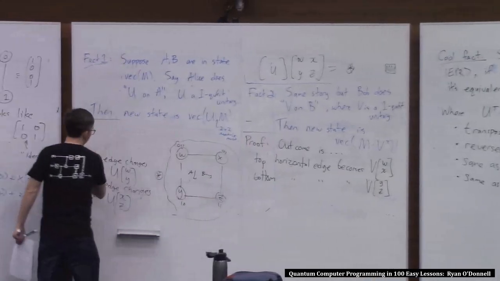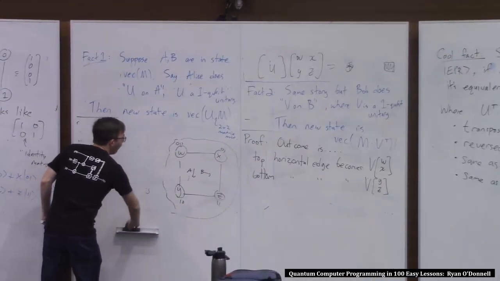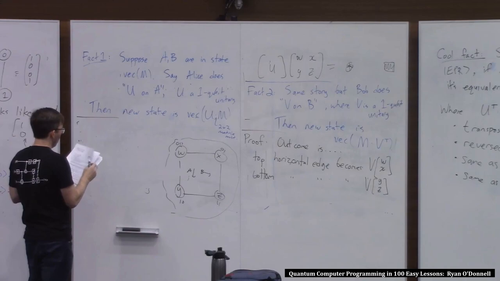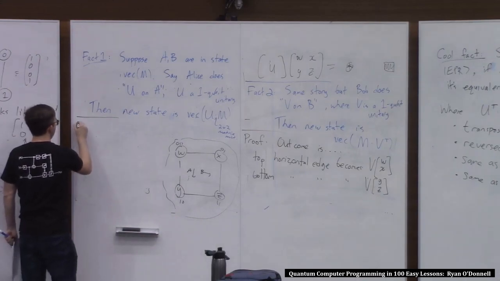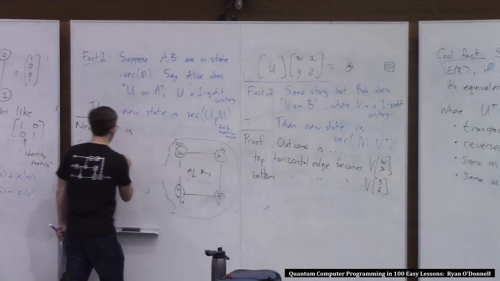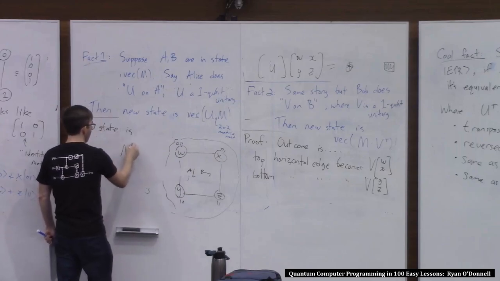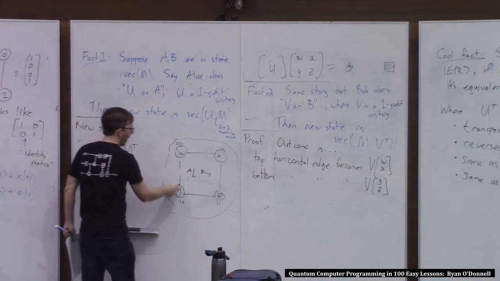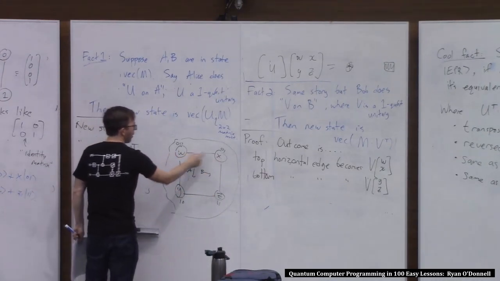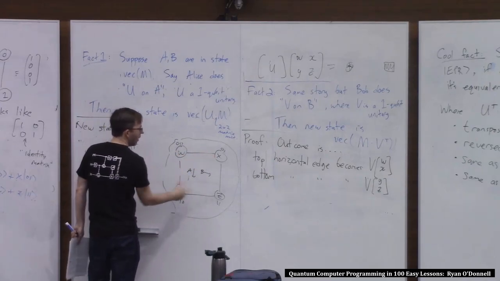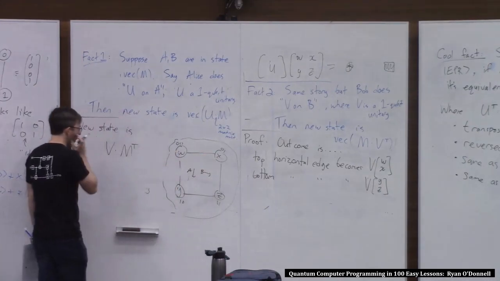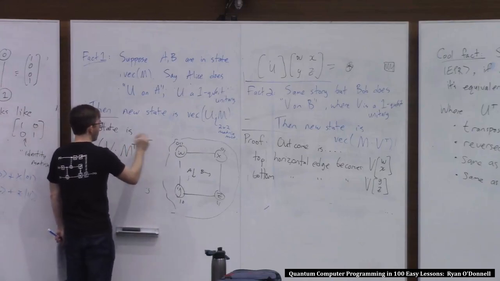This is terrible board usage, but maybe the way to do it is the new state is, first we take Wx, y, z, which is the vec of M, and we transpose it. And then it'll look like Wx, y, z. And then we multiply on the left by V, because we want to change Wx to V applied to Wx, and we want to change Yz to V applied to Yz. And then we have the right things, but they're on the vertical edges rather than the horizontal edges. So we have to transpose these things back.